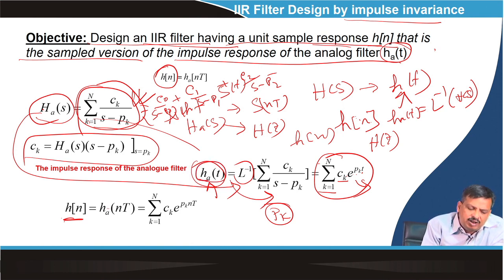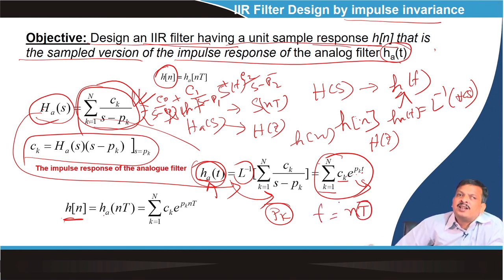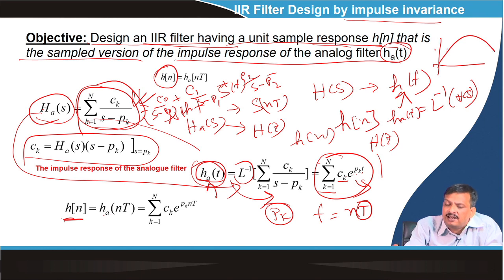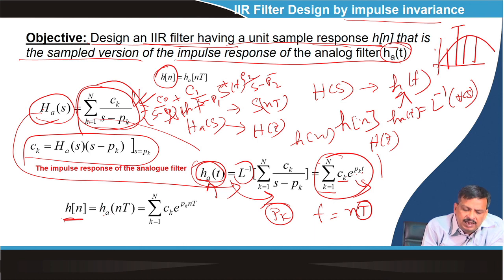So, H of n is equal to H_a of nT, where the continuous time t is sampled, and T is called 1 by sampling frequency, or the sample interval. There is a continuous time t, and I sampled it at every T interval. So that's why this continuous time t is replaced by n into capital T. Okay, which is equal to this one.